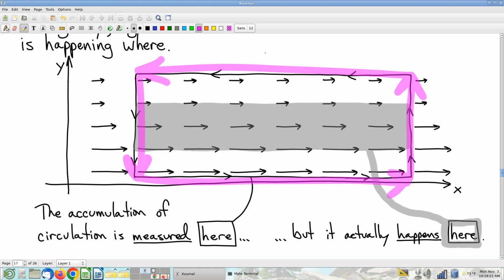The circulation happens in the interior, and we made the observation that if you had a little leaf right there, it'd be cruising along as a result of the flow of this fluid, but it wouldn't be spinning, because it's being pushed equally on the top side and the bottom side. It's just not going to spin at all. But leaves in here would have a lot of circulation, throughout this gray area.